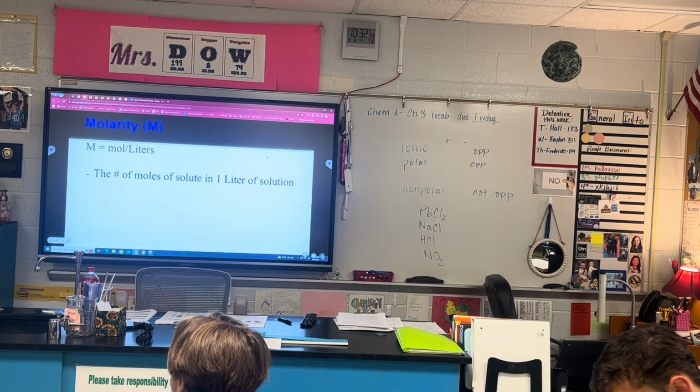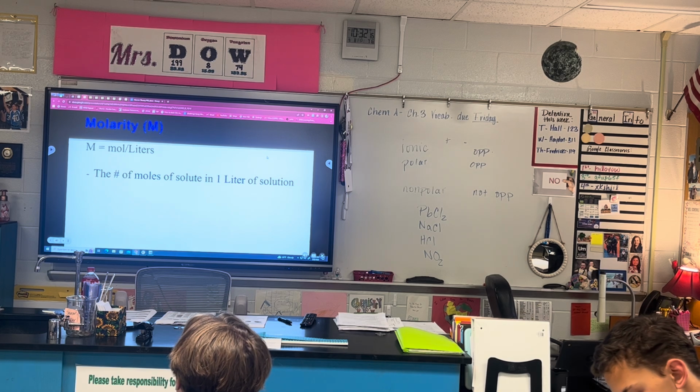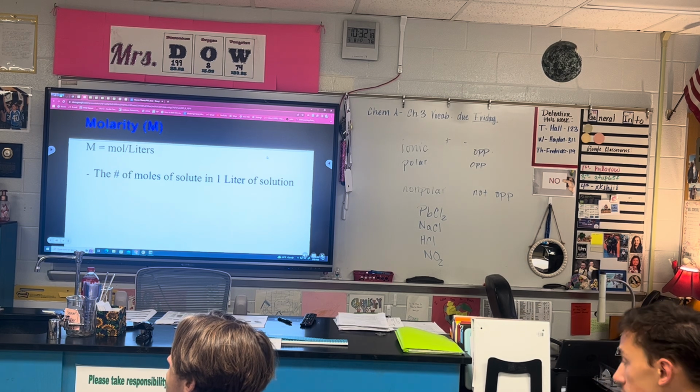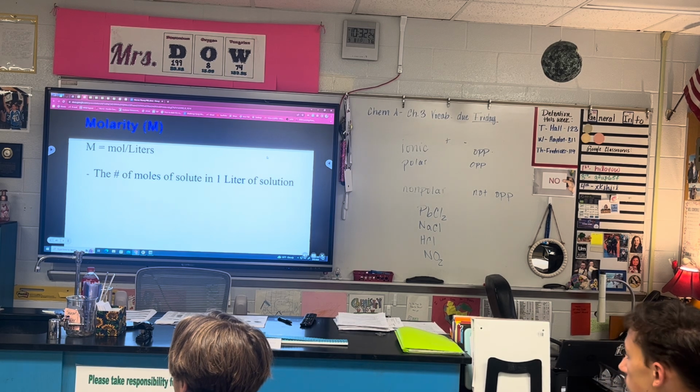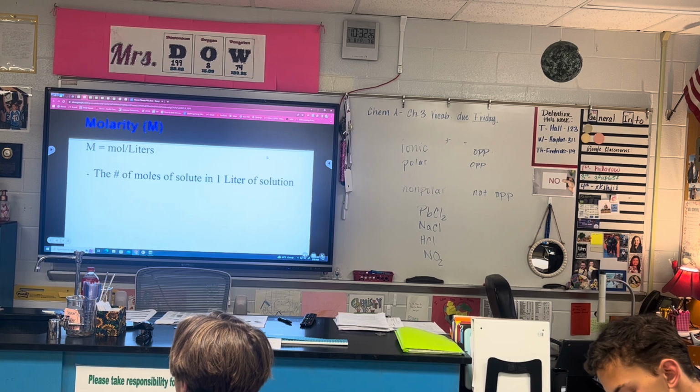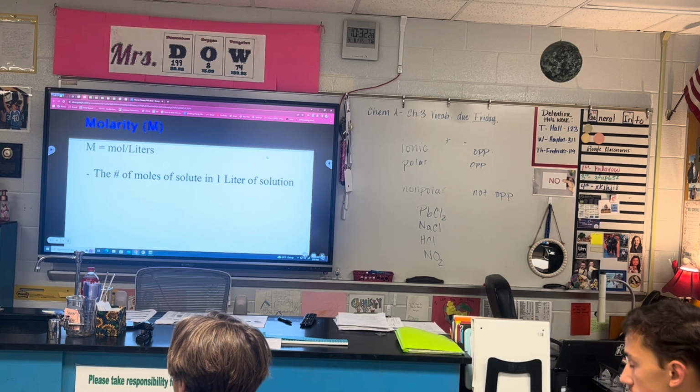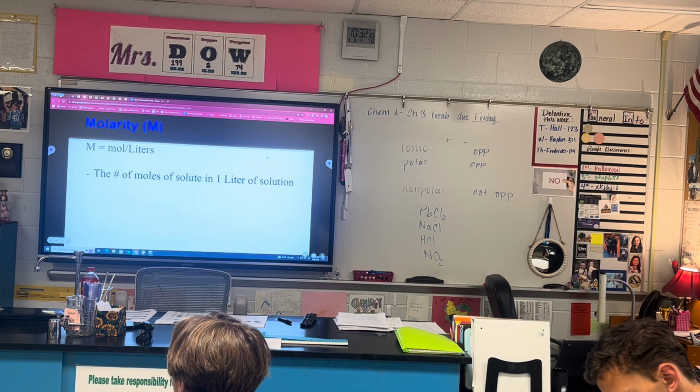Yeah. That was the concentration of the chemical in molarity. So if it's 1 molar, or 0.1 molar, or 0.5 molar, which one was the most concentrated? The 1 molar versus the 0.1 molar, which is not as concentrated.